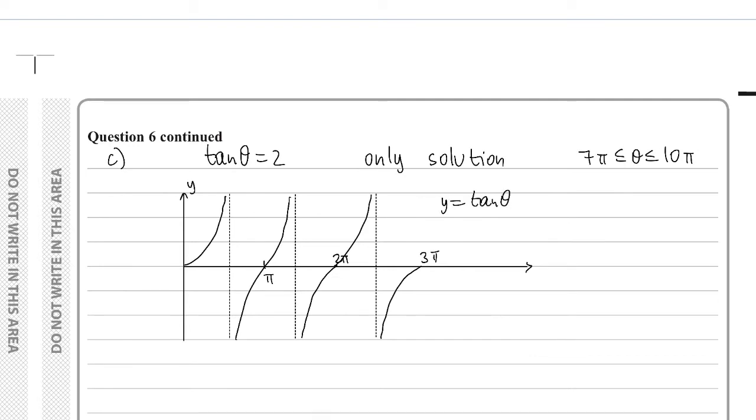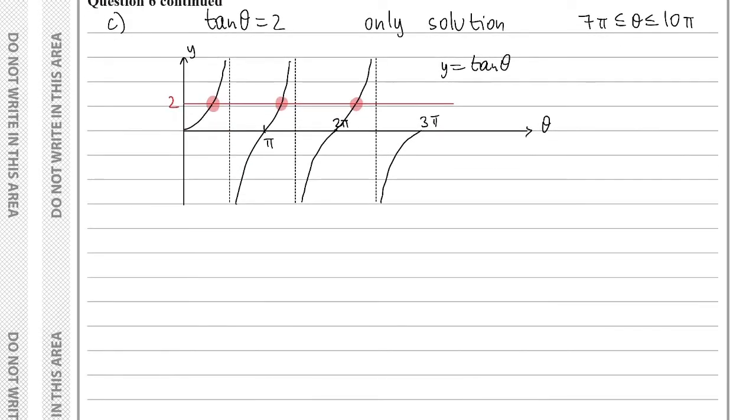Just looking at what's happening here will certainly tell me how many solutions I expect from 7 pi to 10 pi. If I just draw a line at 2, I see that I have a total of 1, 2, 3 solutions, and therefore we conclude that we have 3 solutions.